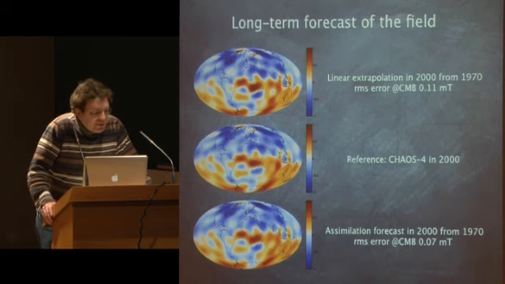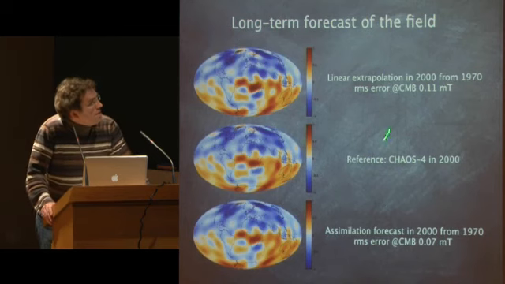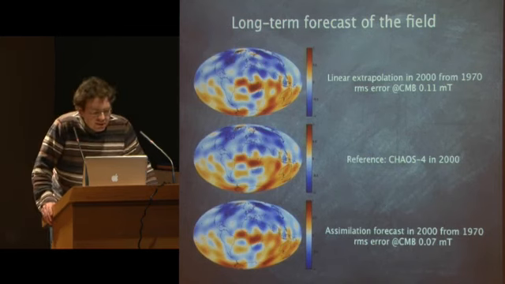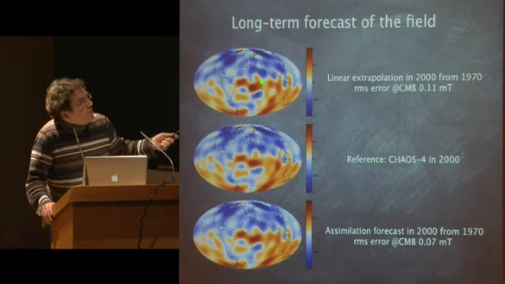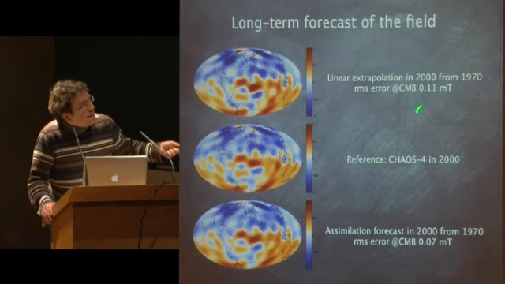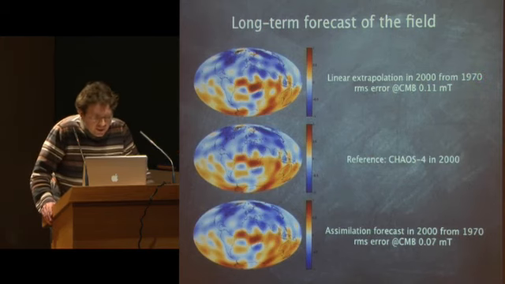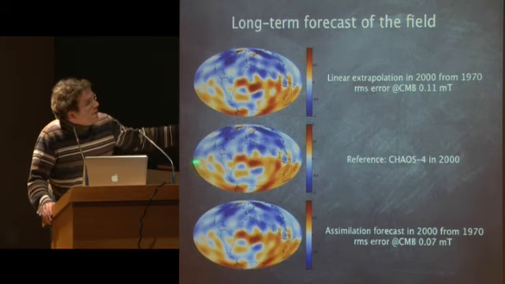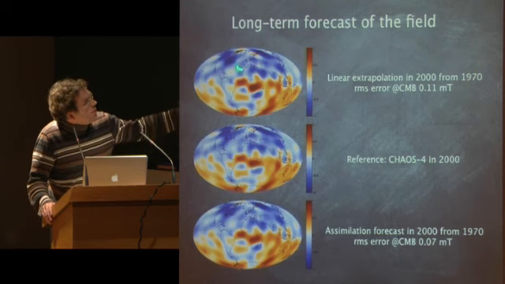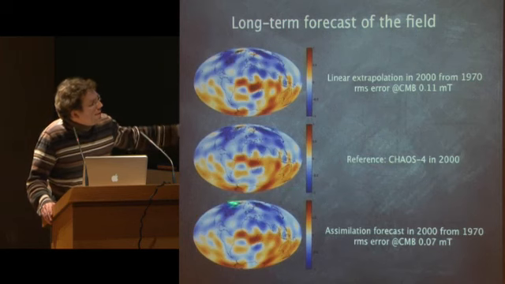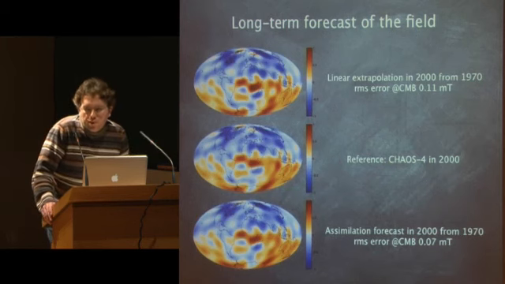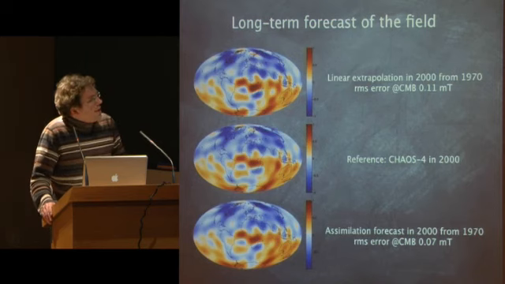So as a preliminary result here, I have done a long-term forecast of the field. What I call long-term is 30 years, starting from data in 1970 and trying to forecast 2000. This is the reference here, and this is what you get by a linear extrapolation, and this is what you get by an assimilation that integrates the flows that I've just shown to you in the previous slide.